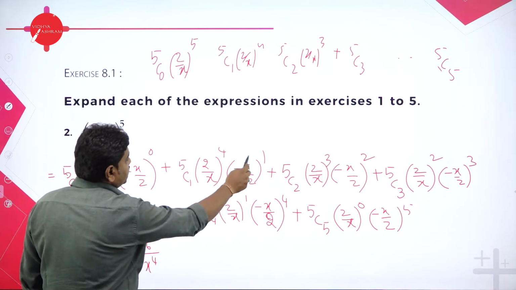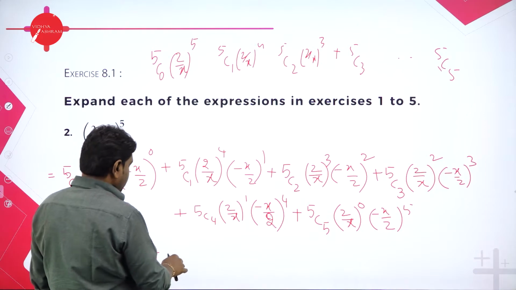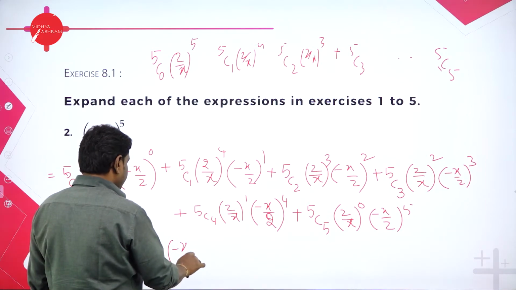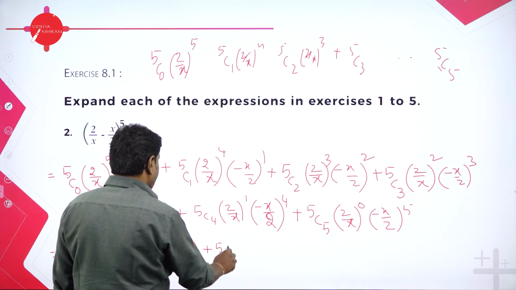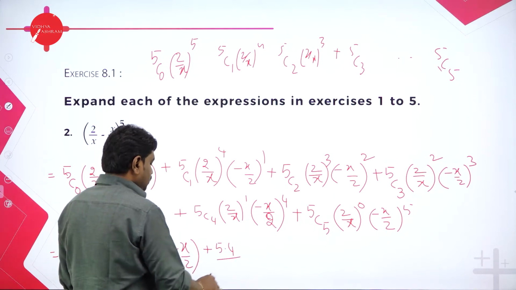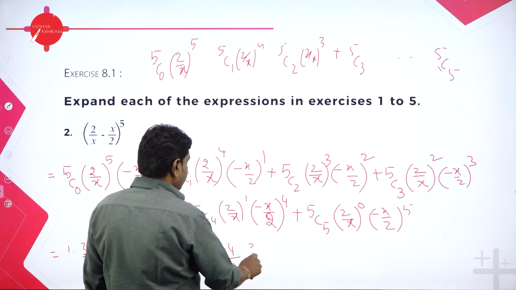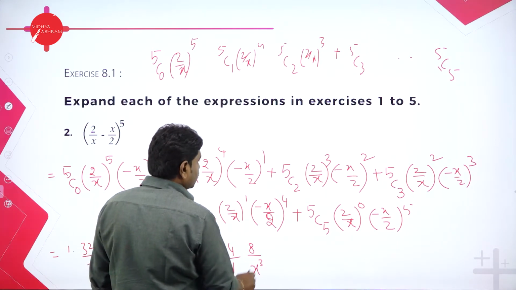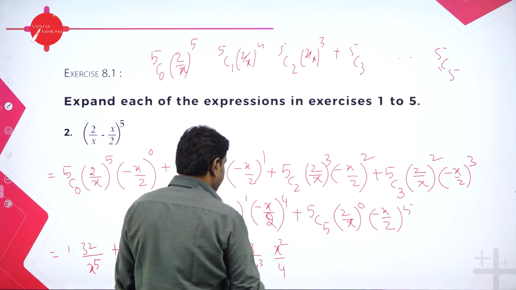Then minus power odd number is minus, and minus x by 2 it will become. Then 5c2 is 5 into 4 divided by 2 into 1, 2 cube is 8 divided by x cube, minus power even number becomes plus x square by 4.